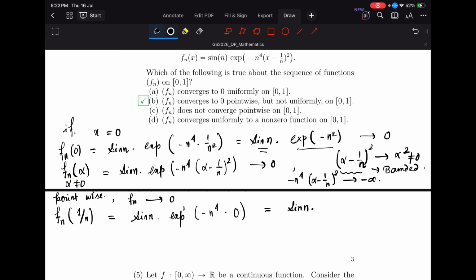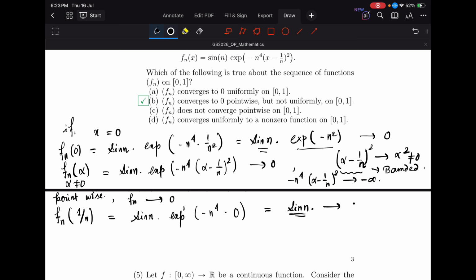Okay, and the point is, the pointwise limit converges to 0. So if the function uniformly converges to 0, then f_n of 1 by n also converges to 0, right? But f_n of 1 by n is sine n.